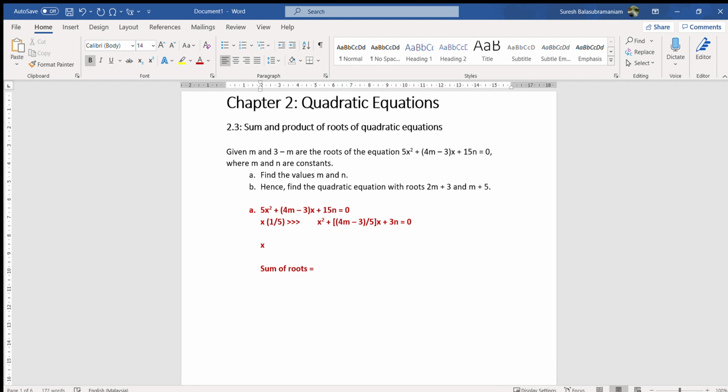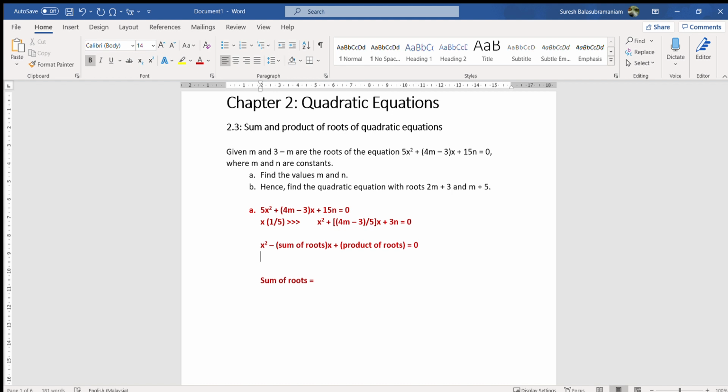The formula says x squared minus sum of roots times x plus product of roots equals 0.